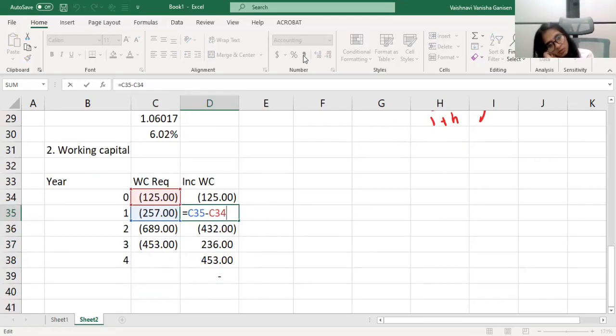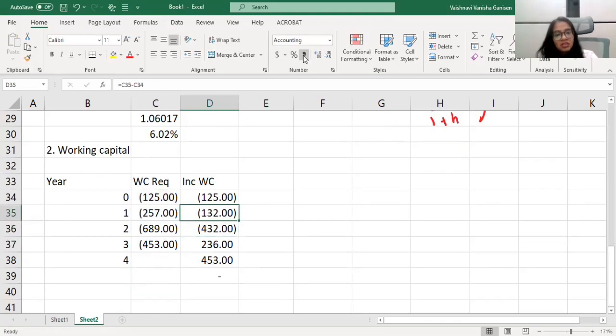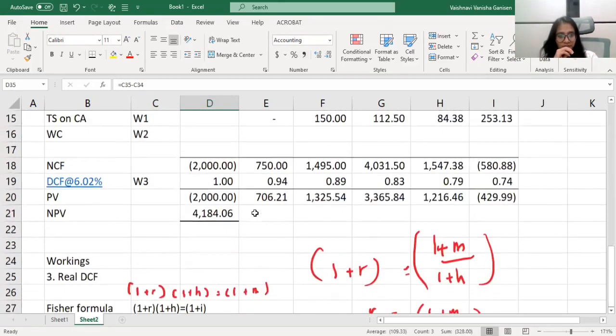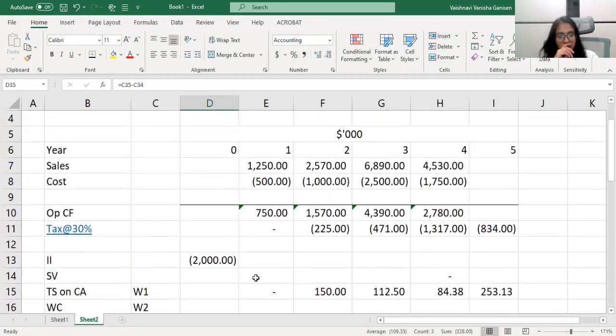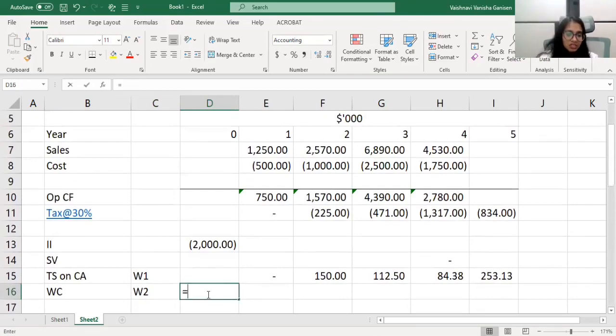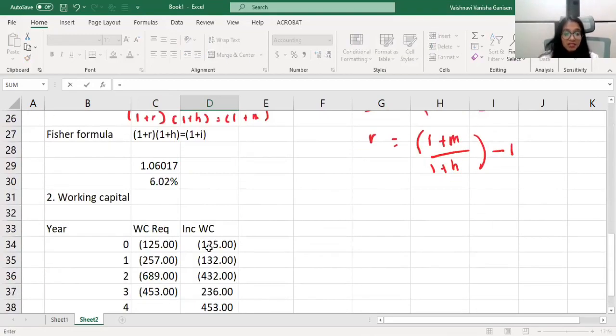You take year 1 minus year 0 to get the difference, and then you copy year 1 all the way to year 3. It will just auto populate for you, and then you calculate year 4. The total should be equal to 0, right? Now, to populate it here, I think you guys would have caught the error already.